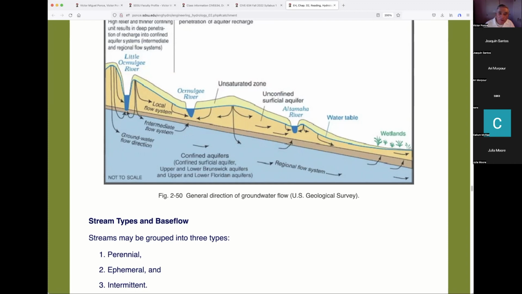When it does not exist, we call it kinematic flow. If it diffuses a little bit, we call it diffusive flow. And if it diffuses a whole lot, which is unusual, then we call it dynamic flow. So diffusion plays an important role both in the groundwater as well as in the surface water.